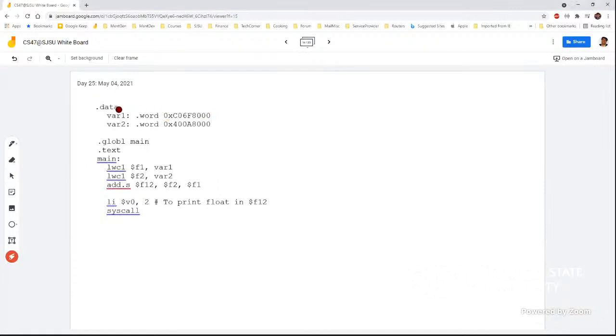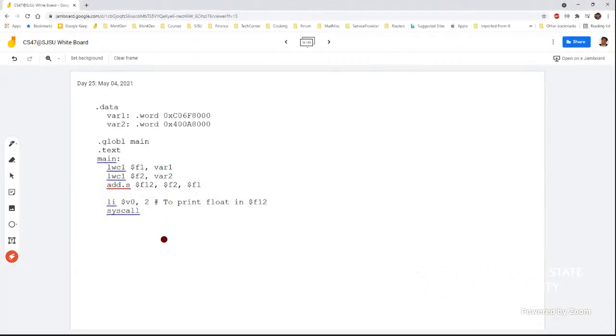We have two bit patterns stored in memory locations var1 and var2, and then some unfamiliar instructions, LWC1, LWC1, etc.